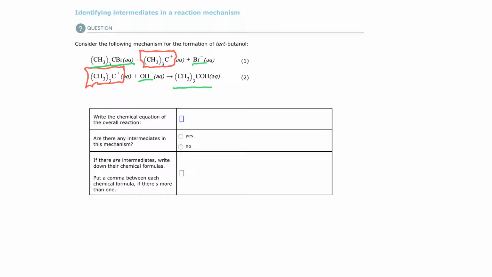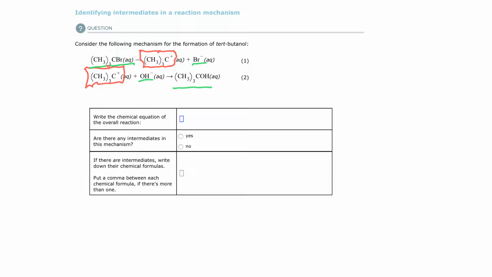Anything on the left that doesn't cancel out is almost like a spectator ion. Remember, a spectator ion was anything that was an ion on the left and the right, so it didn't participate in the reaction. This is the same thing. You're making a temporary product here, and it's also used in the second reaction and then essentially goes away. All right, so that is called an intermediate.